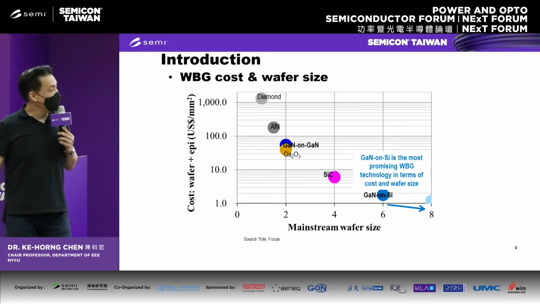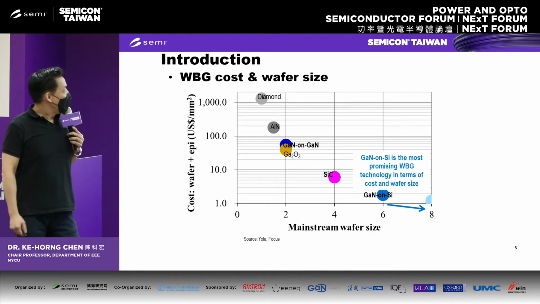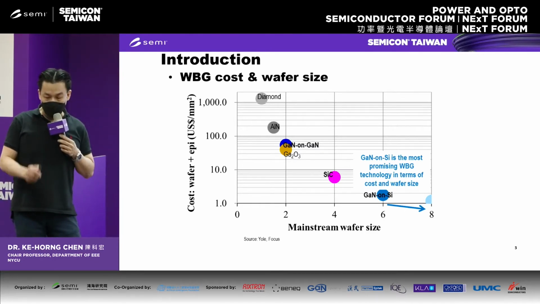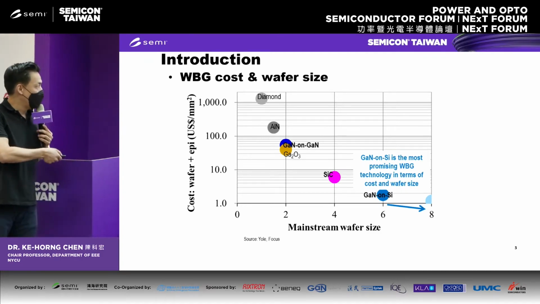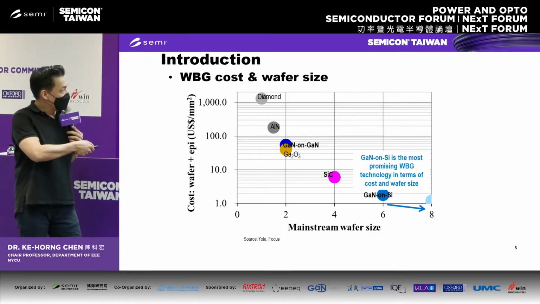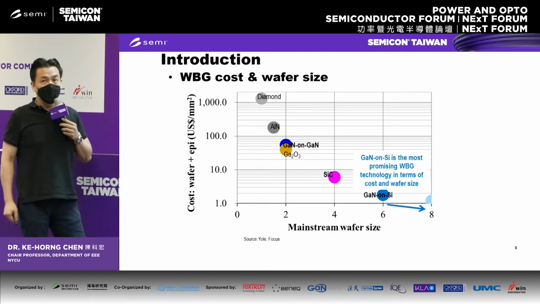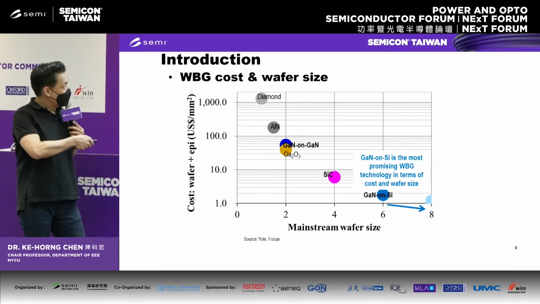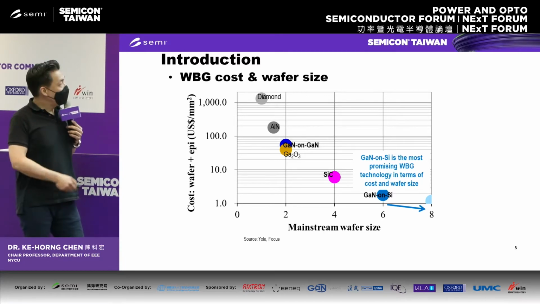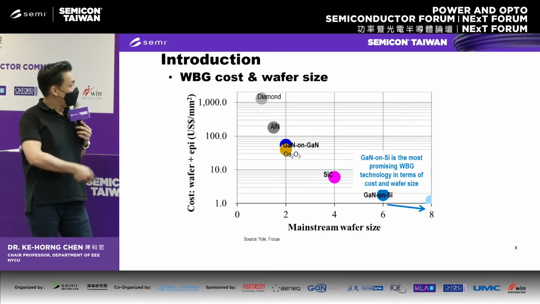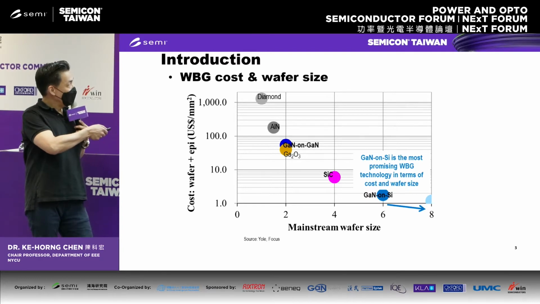Okay, according to this slide, we can realize the relationship between the cost and the wafer size. The substrate that can be used for the GaN can be one of several substrates. For example, you can use diamond, aluminum nitride, and GaN or SiC or silicon.